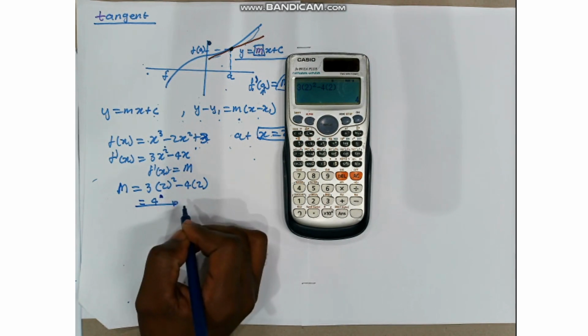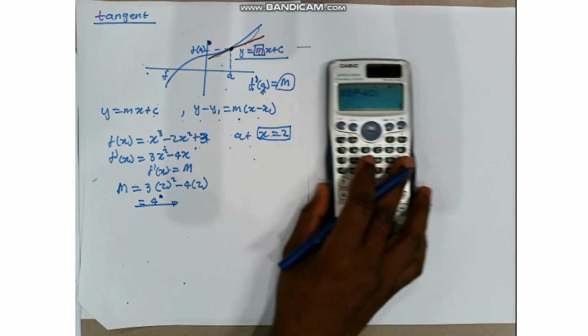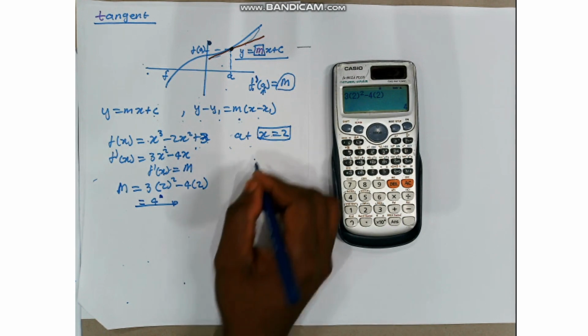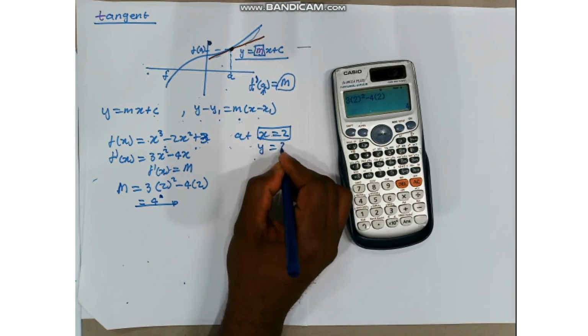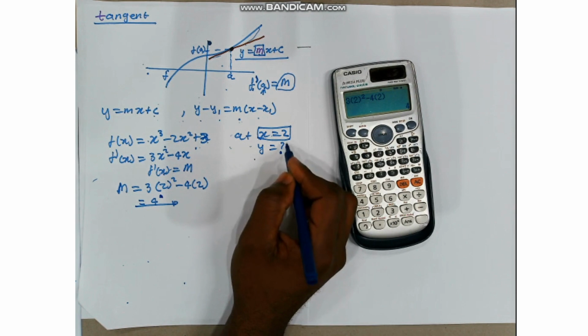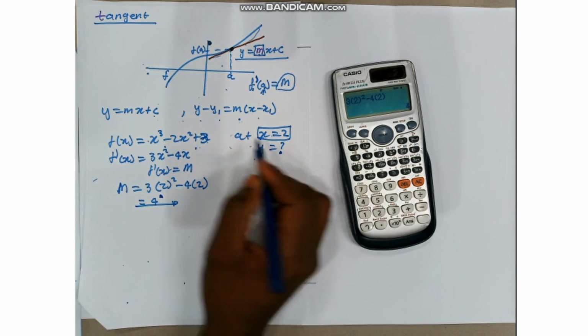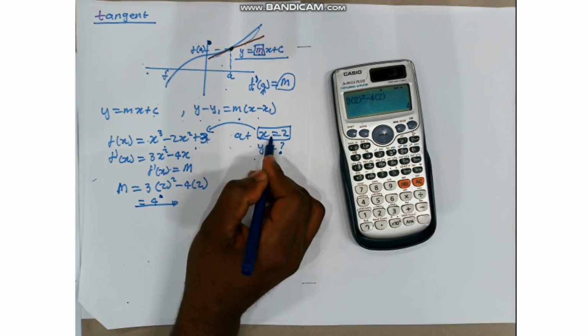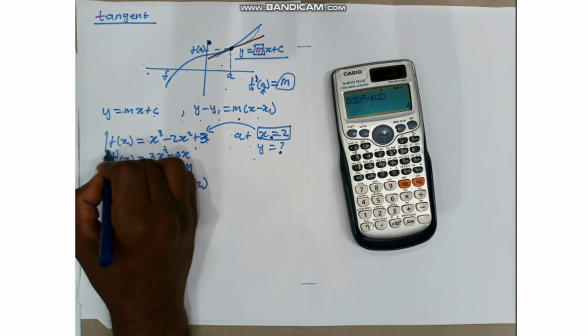But now, in order for you to completely calculate the equation of a straight line, you need a y coordinate. So we need to calculate it. How do we calculate it? You take this specific x that they gave you, the particular point, and you substitute into our original equation.